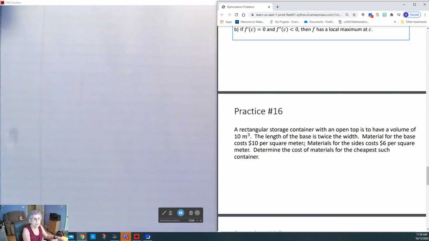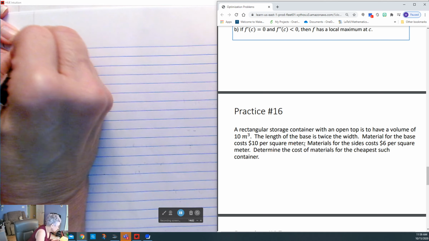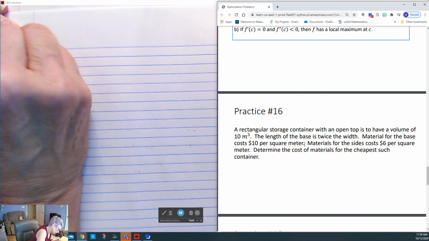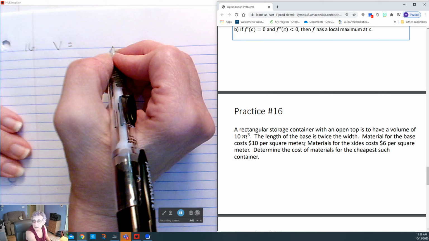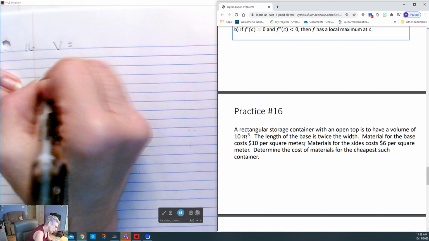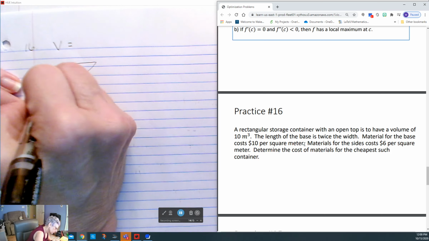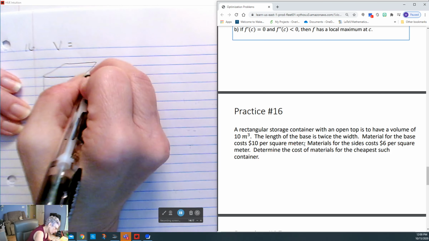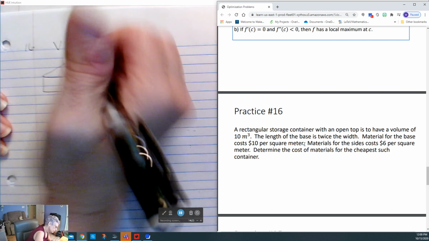So first off, I know my constraint is the volume. This is number 16. And I know that it is a rectangular storage container. There's my gorgeous picture of a rectangular storage container.